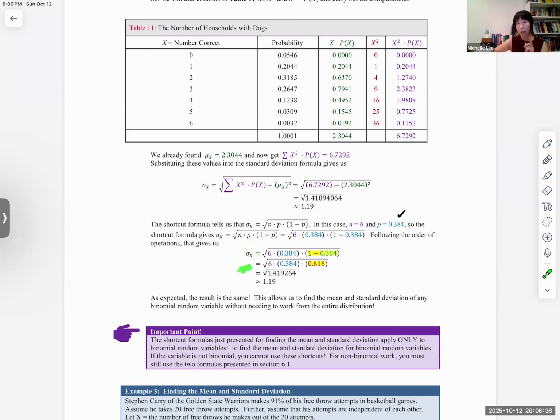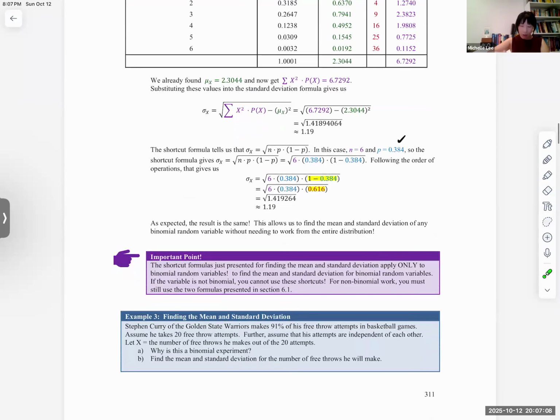So we have to check whether the example satisfies the four criteria, as we said in the last section. Otherwise we cannot use this one. This is simpler. Make sense?